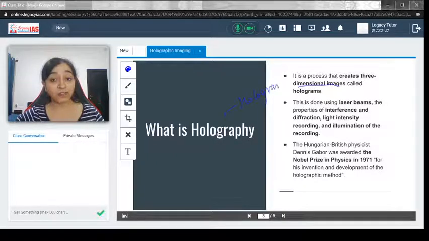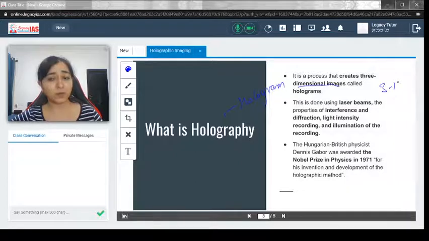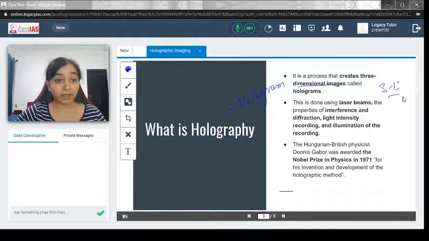The 3D images you see, like in the movies, where many holograms get projected now and then. Many sci-fi movies have depicted this for decades, but this has now become very much a reality. This is done using a laser beam. You have to understand the concept of physics applied here.